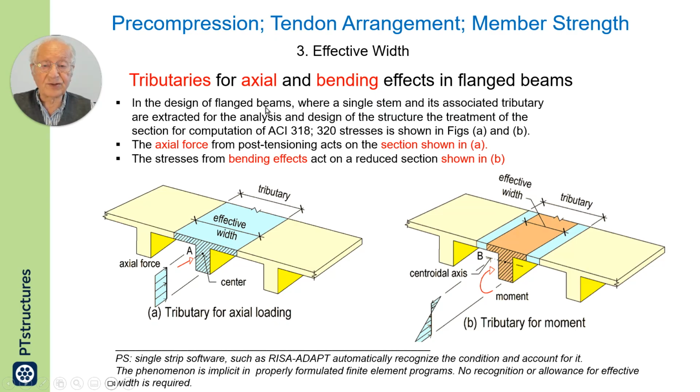In the design of a flange beam, where a single stem and the associated tributary are extracted for the analysis and design of the structure, the treatment of the section for computation based on ACI is shown in figures A and B. For the axial force from post-tensioning, the selection shown in A applies.